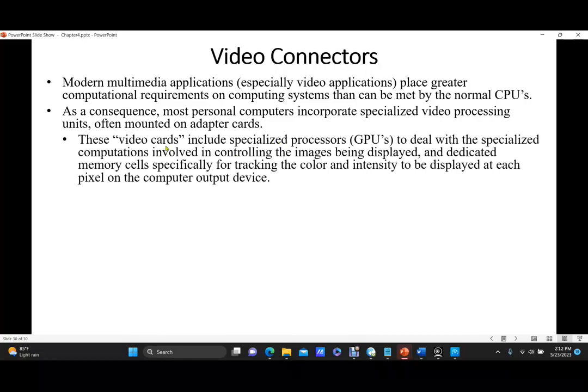These video cards include specialized processors, graphic processing units, GPUs, to deal with the specialized computation involved in controlling the images being displayed. They also include dedicated memory cells specifically for tracking the color and intensity to be displayed at each pixel on the output device.